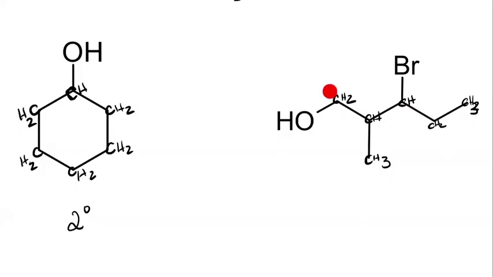The carbon that is holding the OH is connected to 2 hydrogens and the rest of the molecule, which means that there's only 1 carbon chain with all those carbons right here connected to the carbon that is holding the OH. So this alcohol specifically is a primary alcohol.